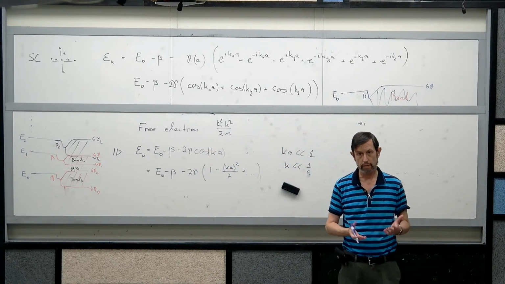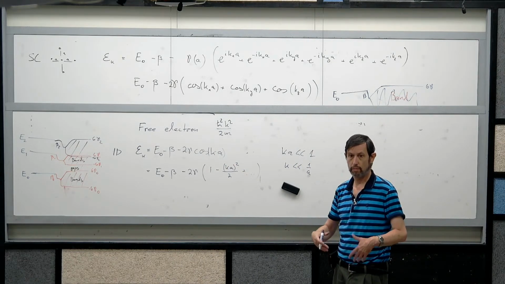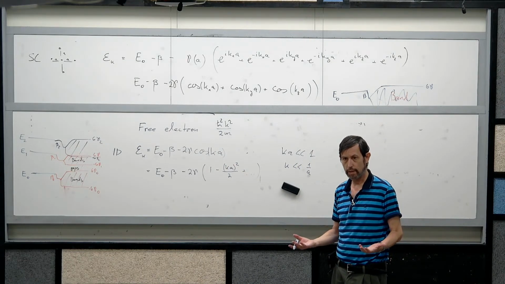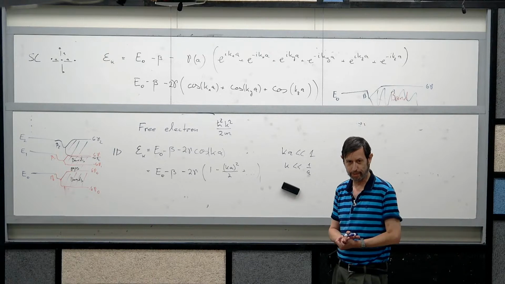When the argument of cosine is 0, the cosine is 1. I move a bit from 0, I get something smaller than 1.